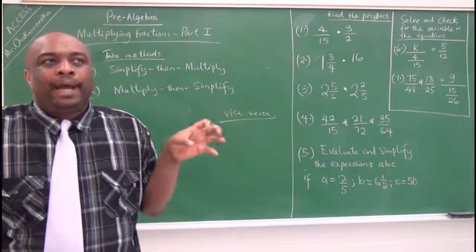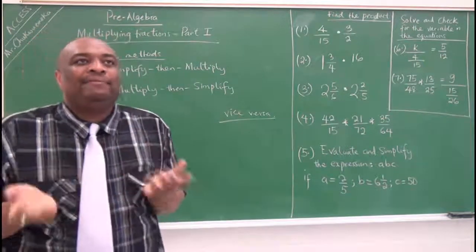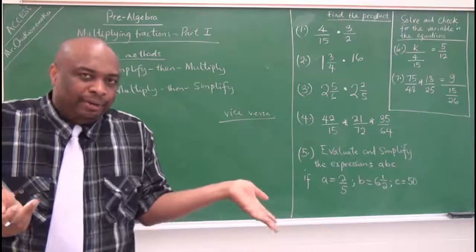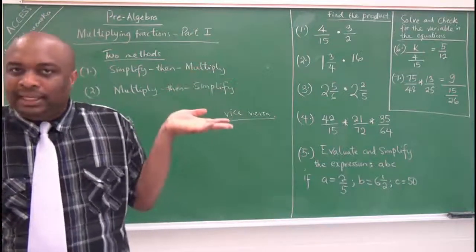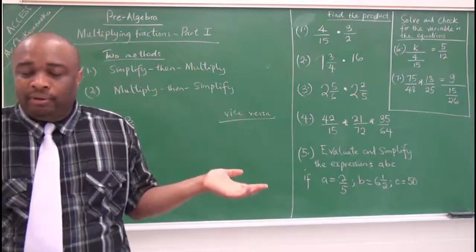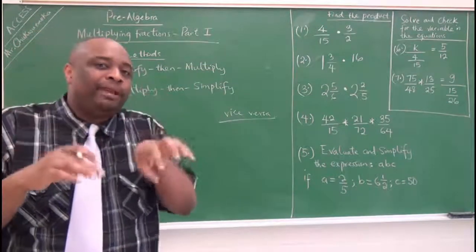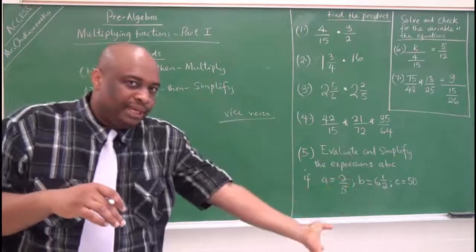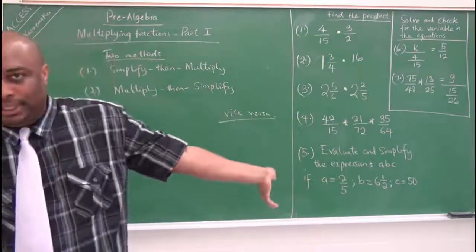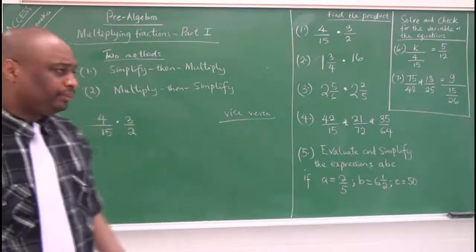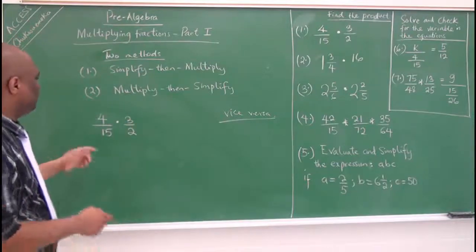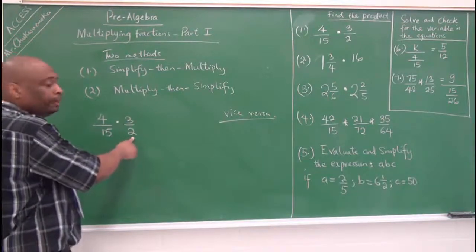Or is there a number that can divide something in the numerator and something in the denominator without a remainder? That means, is there a number that is a factor of both?